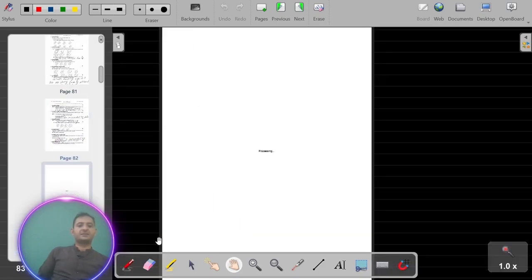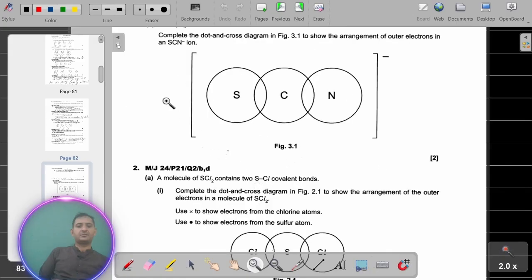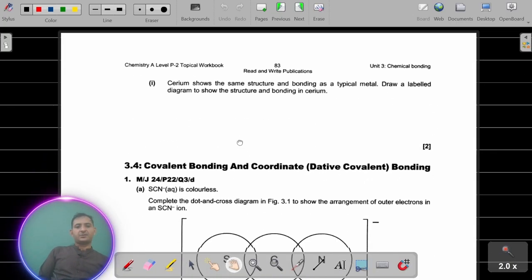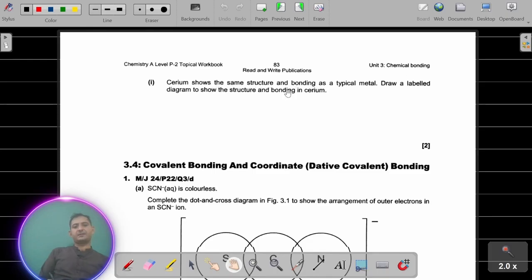So the next page is here. Question: cerium has the same structure and bonding as a typical metal. Draw a labelled diagram to show the structure and bonding in cerium.